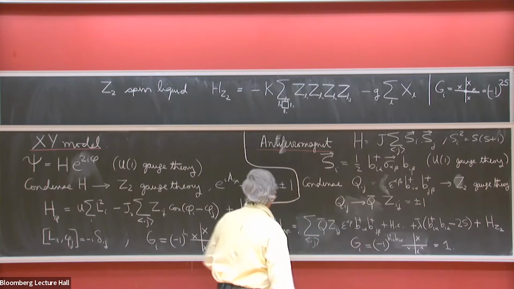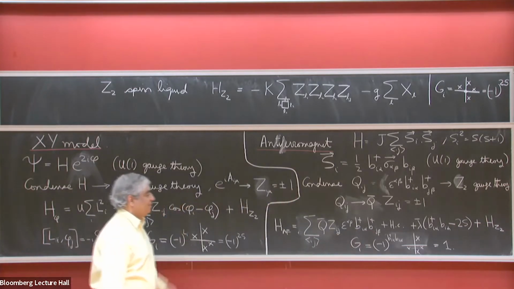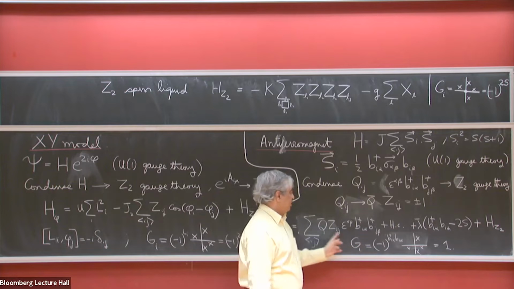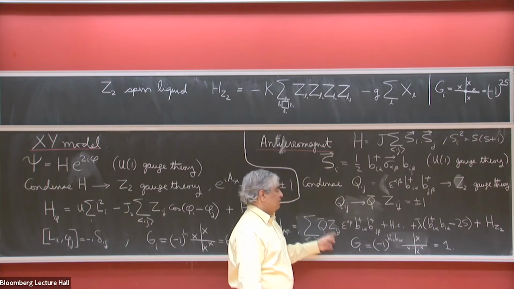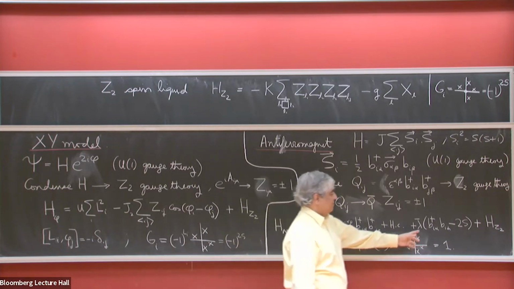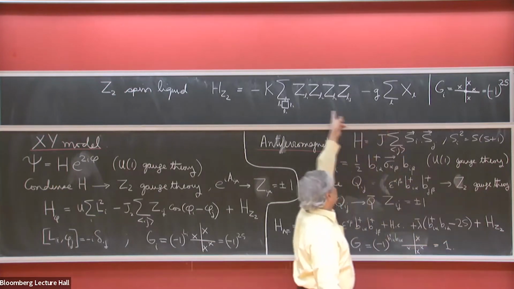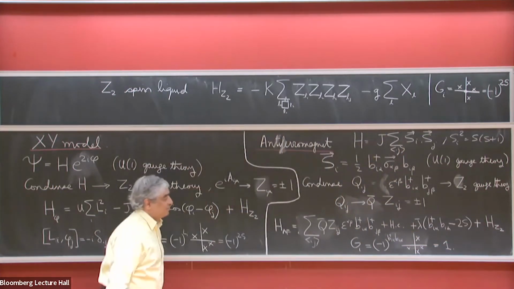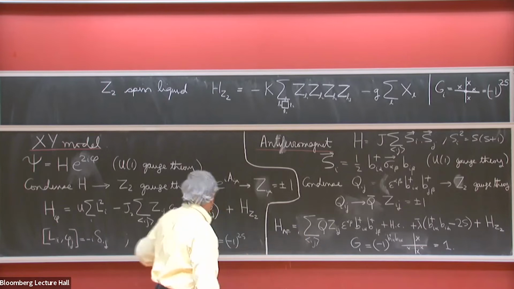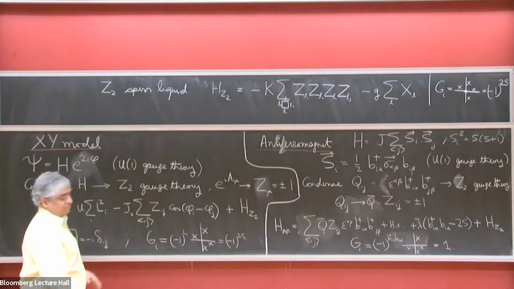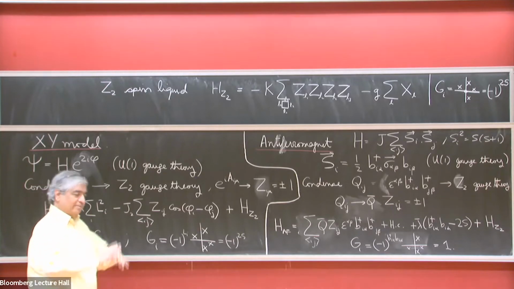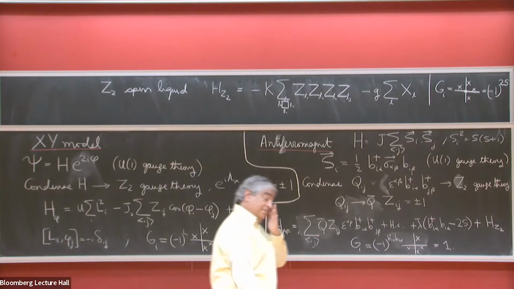These B particles are the analog of e to the i phi. And as they move, they have to pick up a factor of the Z2 gauge field. And there's a constraint, and then there's H_Z2, which is the model right here. So these two theories describe both the spinons and the bosons of the Z2 spin liquid. That's the complete set, the complete Hilbert space.